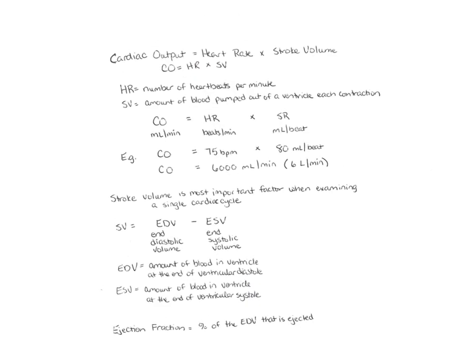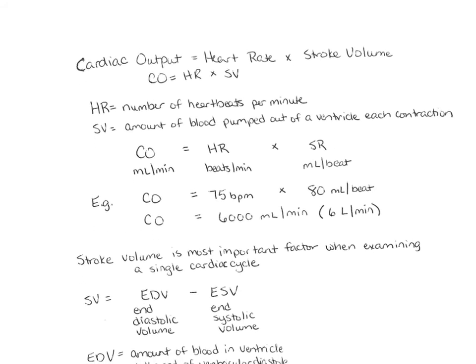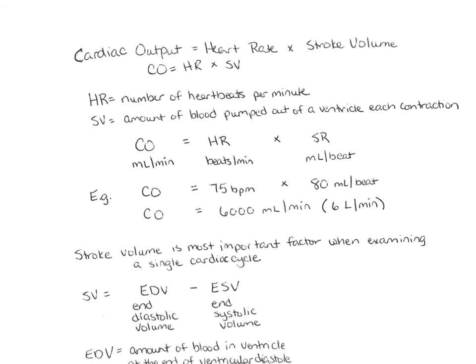Okay, so now we're going to look at a little bit of physiology, and we're going to look at cardiac output. Cardiac output tells us how well the heart is working. Cardiac output is the heart rate times the stroke volume.